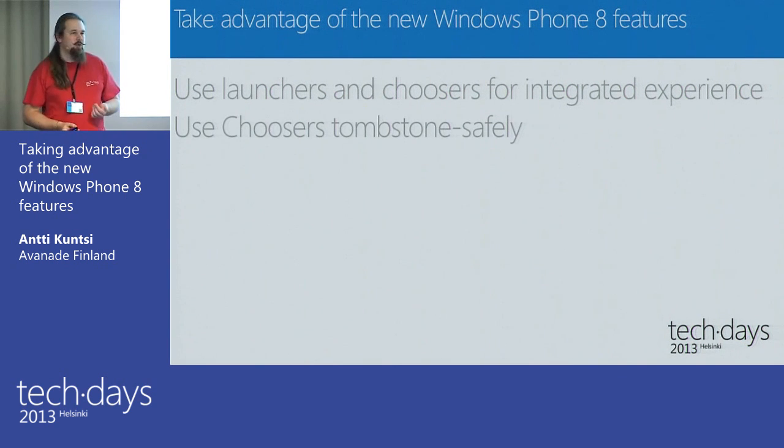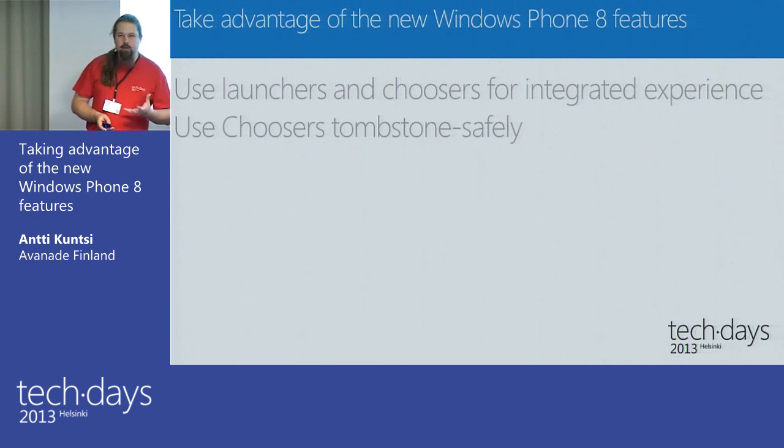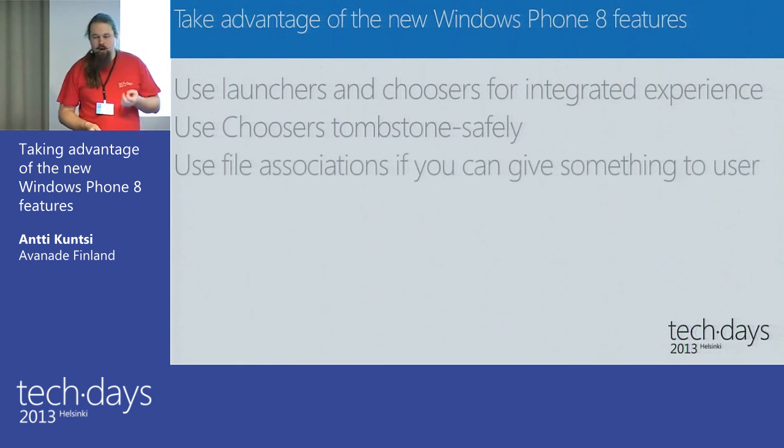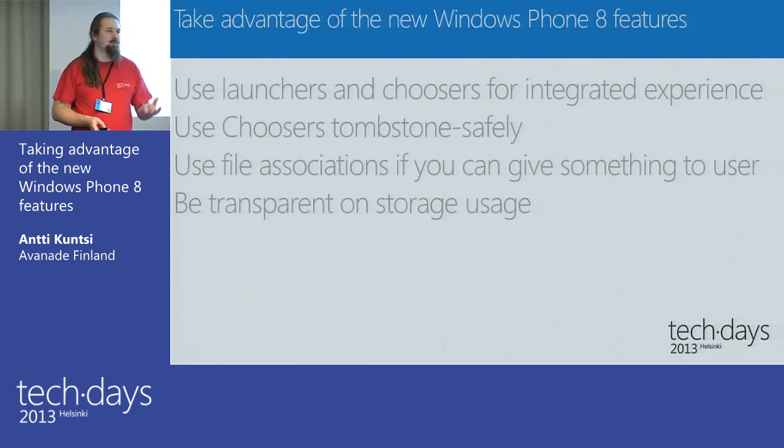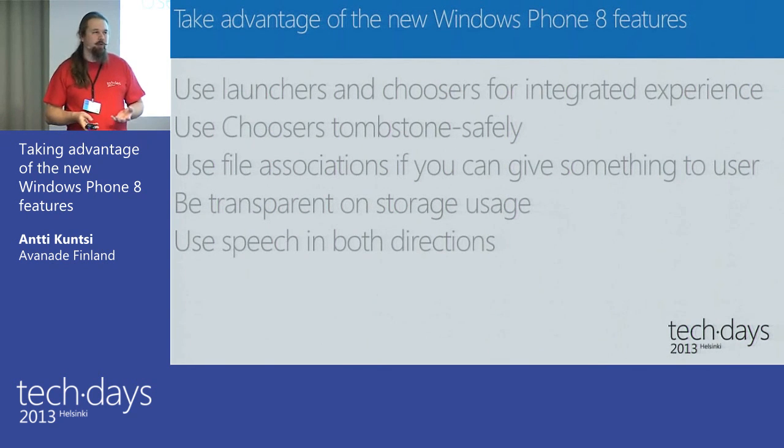Use choosers, tombstone safely, still in Windows Phone 8. You can use file associations and protocols only if you can give something to the user, and plan what you want to give to the user. Be transparent about how much space you use on the phone. Use speech in both directions. It's a very powerful way of communicating with your phone and with your users through your application.